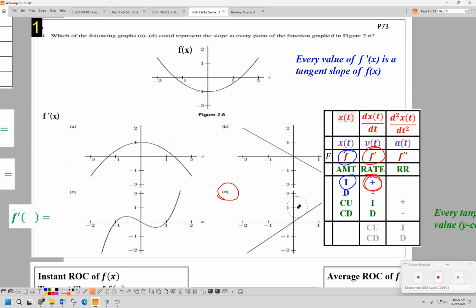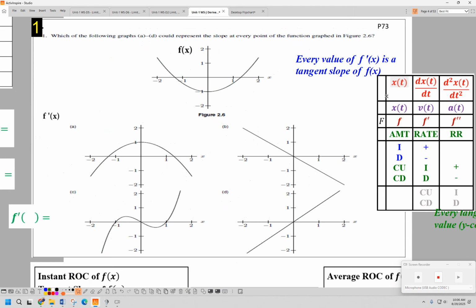So whenever we look, let's clear this off. Whenever we look at a point on F, we can choose any point we want. So Hannah, choose a point on F, I don't care. X equal 1.